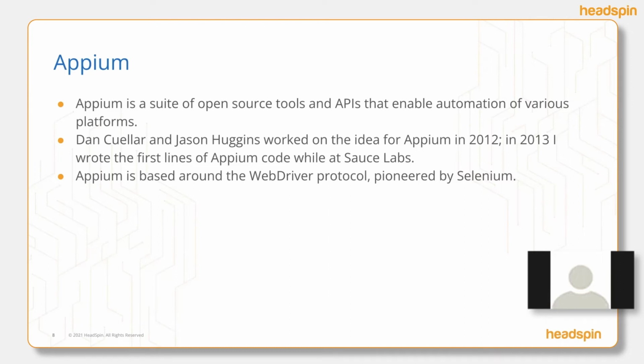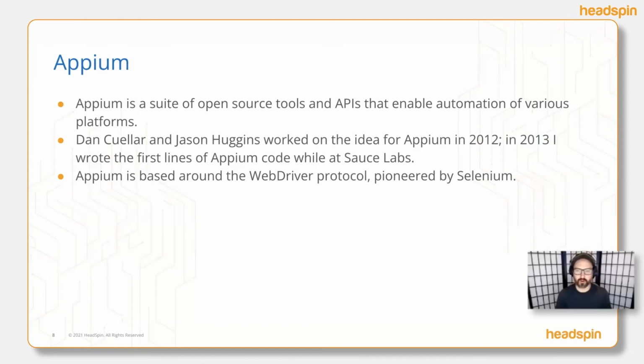Appium as an interface is based around something called the WebDriver protocol, which was initially pioneered by Selenium. Eventually, it was worked on at the W3C and ratified as a W3C standard, or what they call a recommendation, so that the browsers basically have to implement the WebDriver protocol.